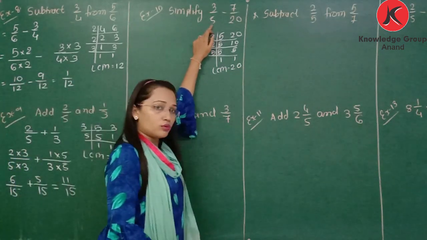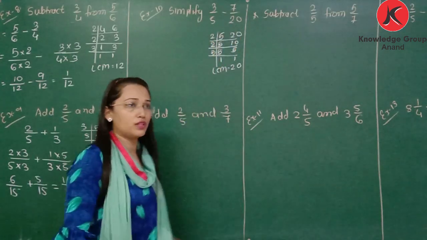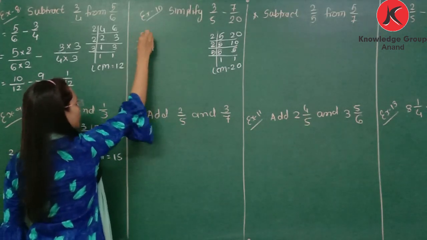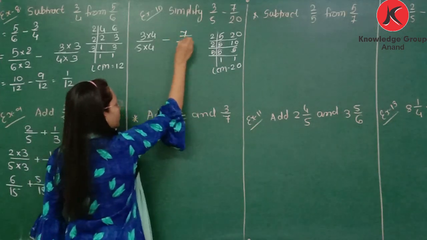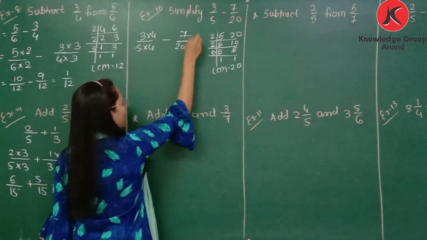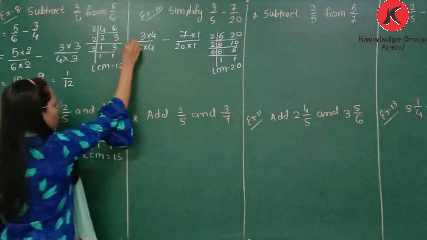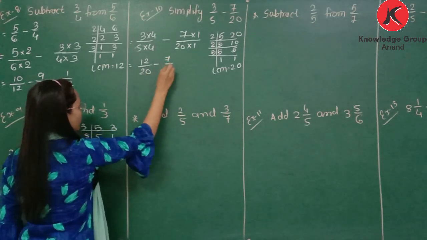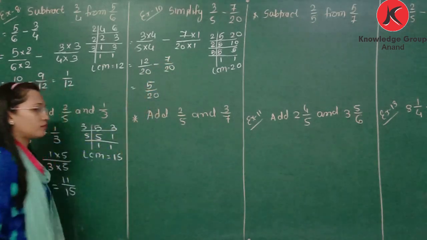So 5 is multiplied with 4 to get 20, and 20 is multiplied with 1. So we can write 3 by 5 multiplied with 4 in the numerator and denominator. Here 20 is already there, so we multiply only with 1. Now 12 by 20 minus 7 by 20. So here we get 5 by 20.